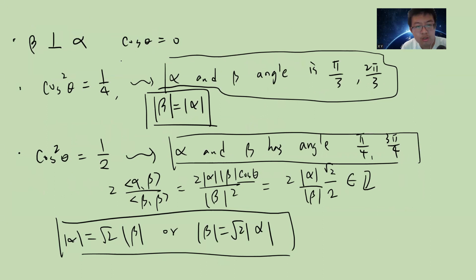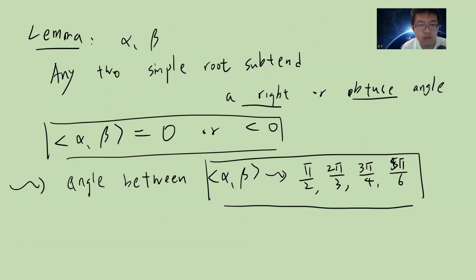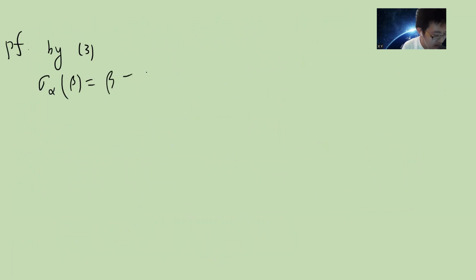Okay, so proof. By 3, we know that sigma_alpha(beta) is defined to be, let's go back and see this, right? So it's beta minus 2 (alpha, beta) over (alpha, alpha) times alpha. So let's check the following.